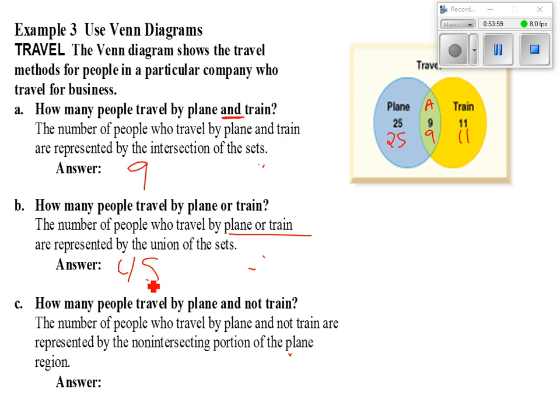The number of people who travel by plane and not train, how many is that? 25. Do these 9 people get included in that? No, because they're part of the train people.